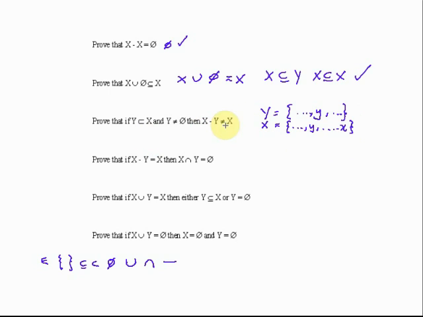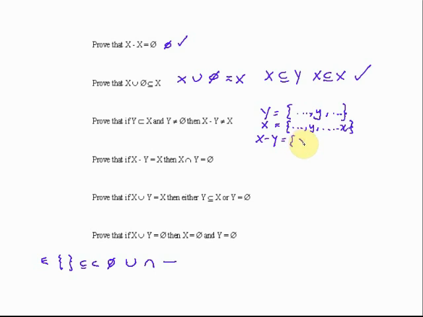Now, if that's true, what is x subtract y? It's the set of everything in x less everything that's in y. I'm going to put some dots there. And what is that? X minus y, in that case, is the set of everything that's in x, this minus all of this.